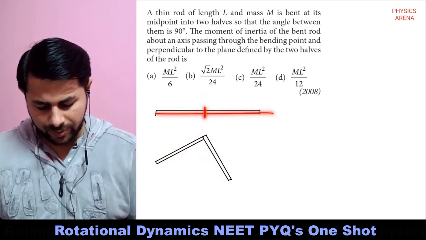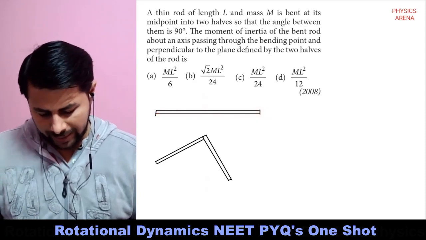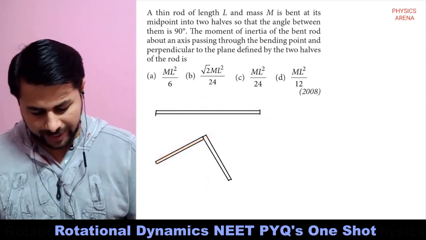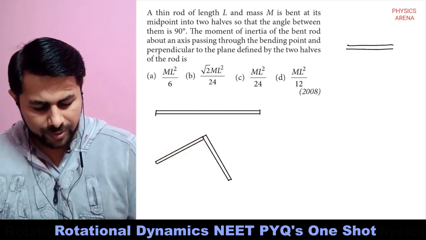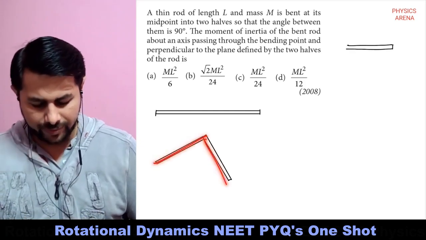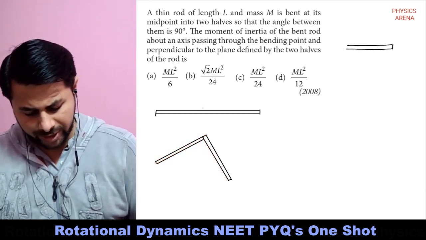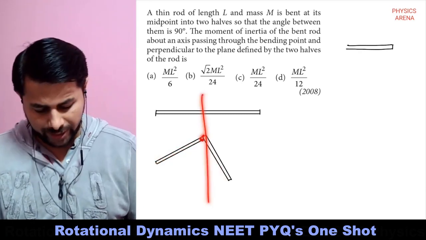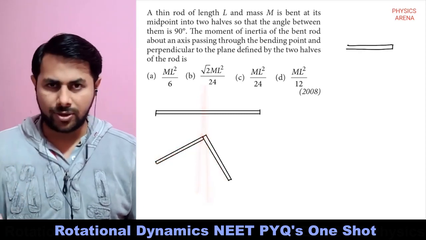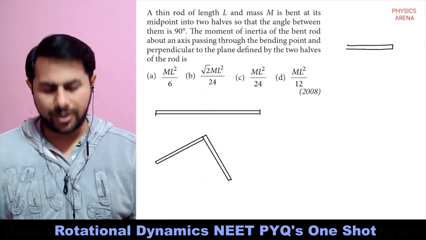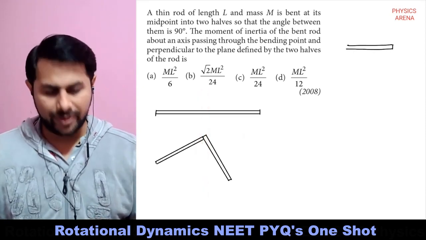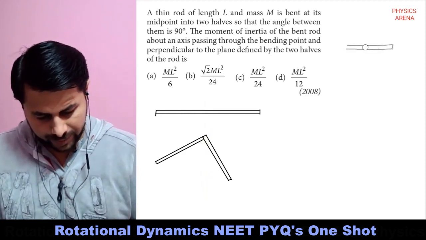Now let's find the moment of inertia. Let's suppose these are two rods. The moment of inertia of both of them about this axis, which is perpendicular to the rods and passing through this point, will be equal for both of them.